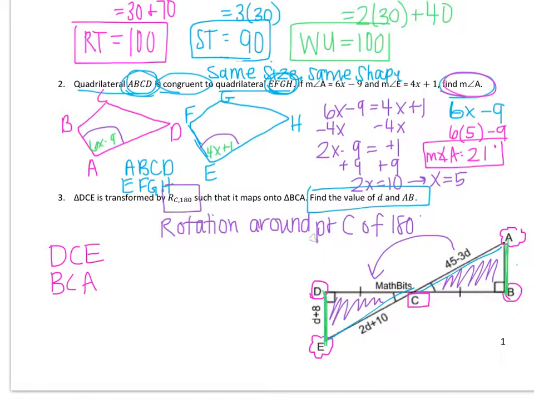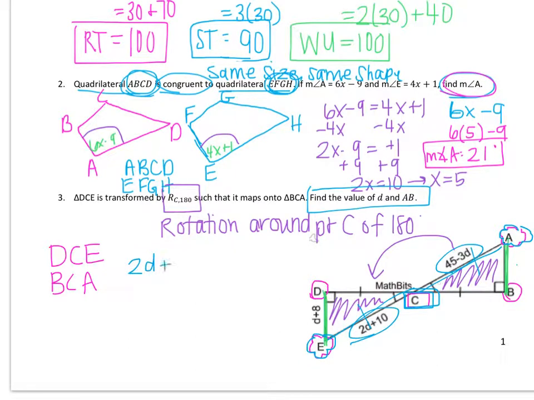So I'm not going to do anything with the D plus 8 right now. All I'm going to deal with is this 2D plus 10, and the 45 minus 3D. I know that these parts are congruent because I go from a cloud to a square. Over here I have a cloud to a square. So these parts correspond and are congruent.